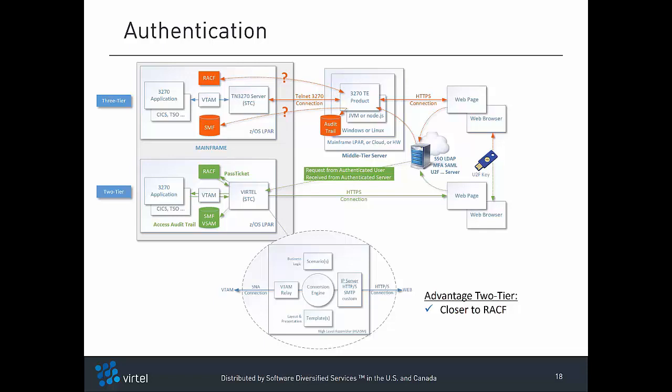But being a 2-tier architecture makes it a bit easier to get pass tickets from the host secure access facility because you're running in a host helper next to the host secure access facility, RACF, ACF2, Top Secret. It also makes it easier to create an SMF access audit trail because you're running on the host mainframe.